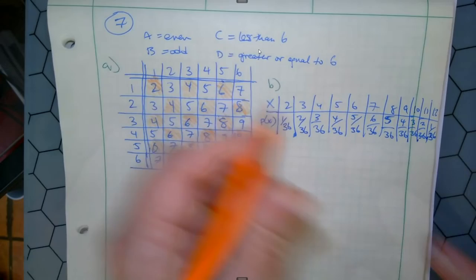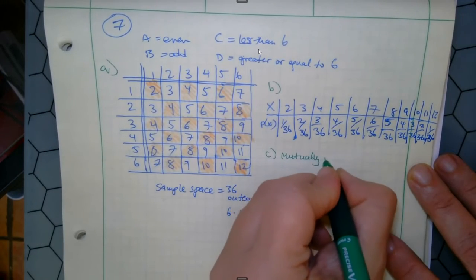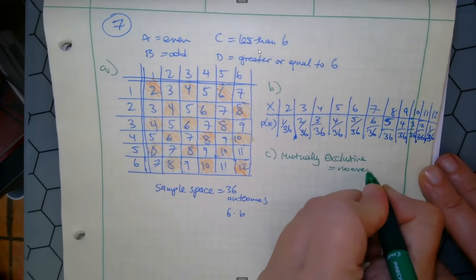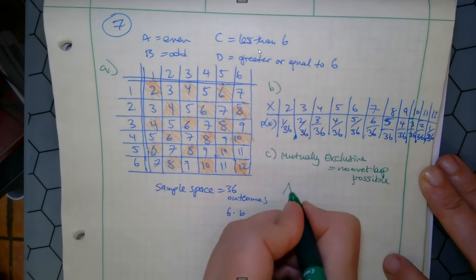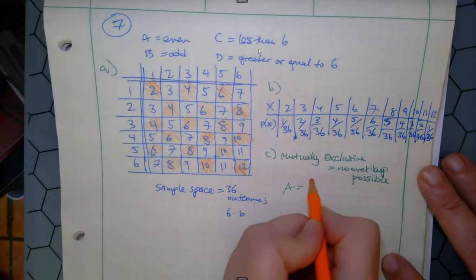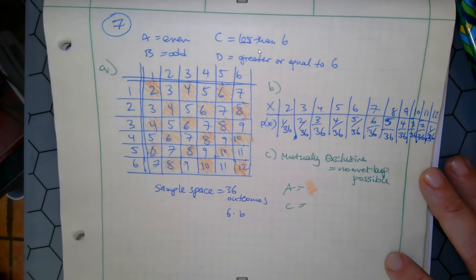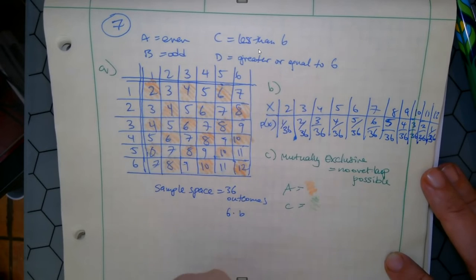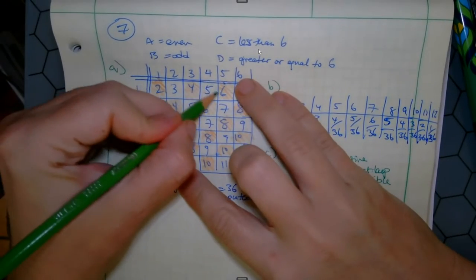All right. So mutually exclusive means no overlap possible. Cannot have both happen at the same time. So if event A is orange and event C is green, can I make both happen on any of these boxes? Event C is value is less than 6, so 6 doesn't count, but 5 does.